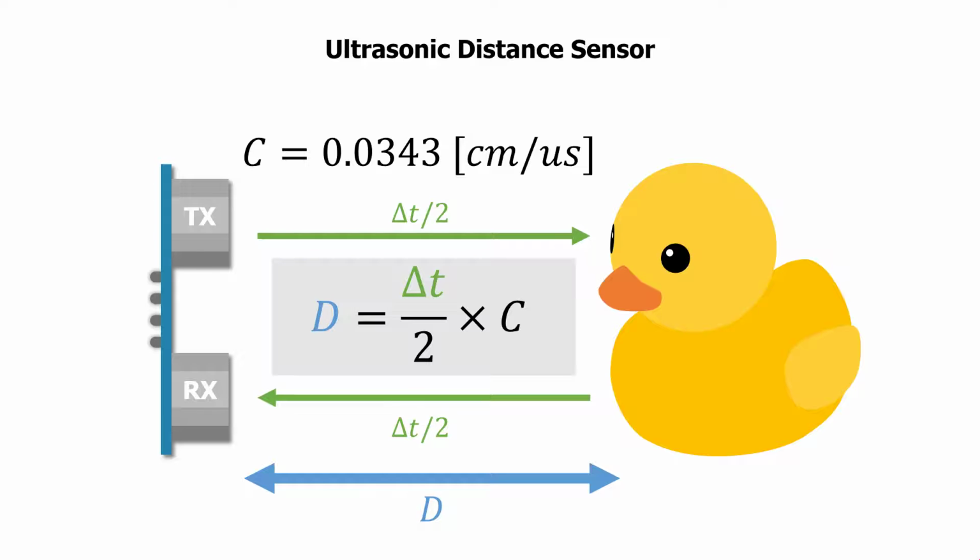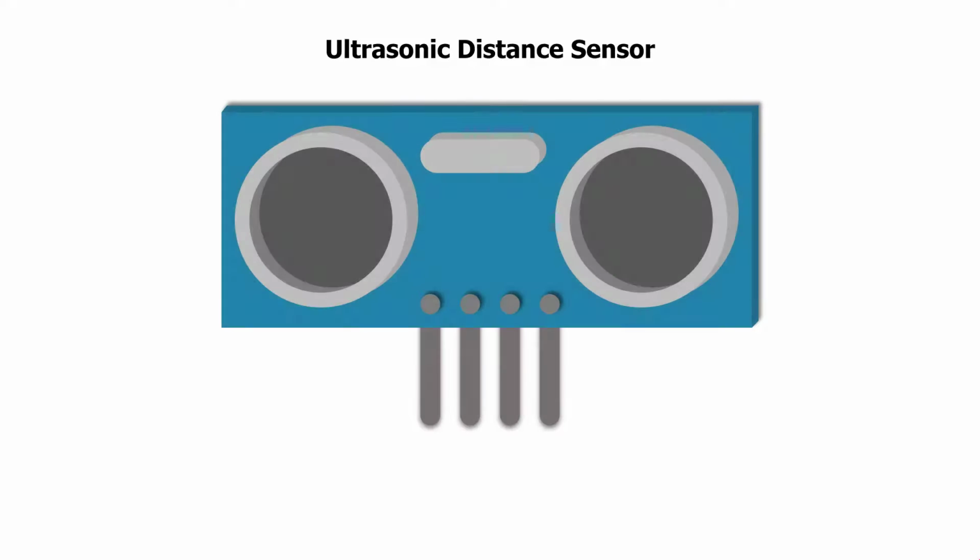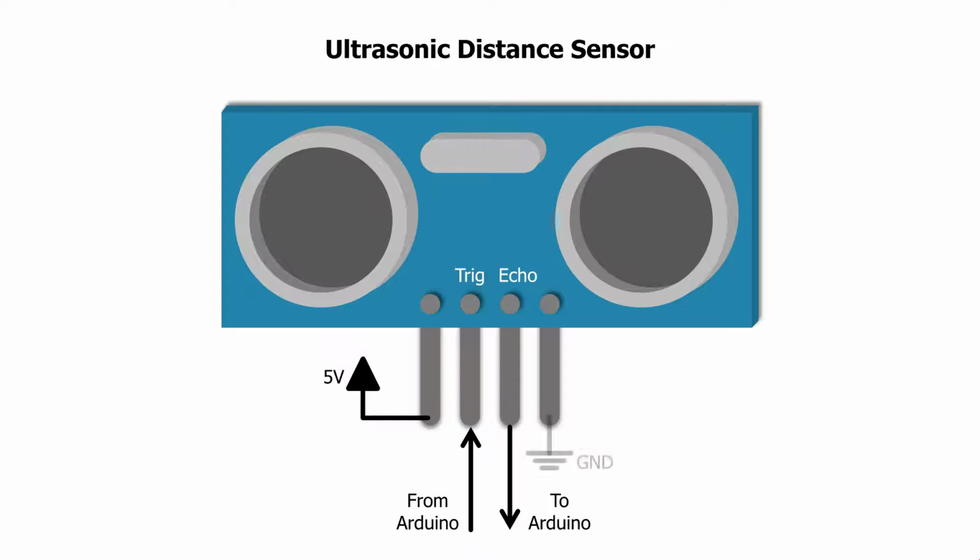This device can measure distance anywhere from 3 centimeters to 4 meters and can see within a 30-degree angle. The sensor has 4 pins. From left to right, we have the 5-volt supply, the trigger input, the echo output, and ground.